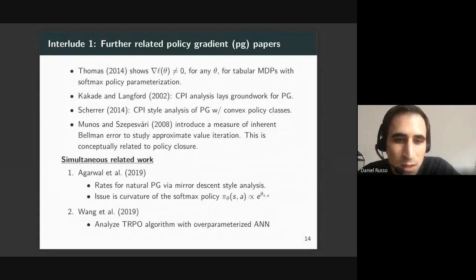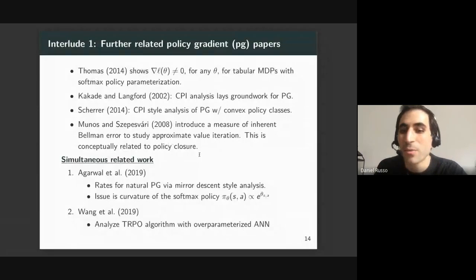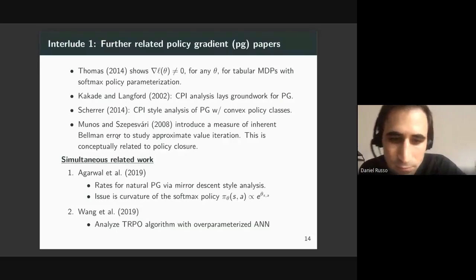Now, this closure condition in the policy class, and especially the notion of approximate closure, is a nice conceptual analog of something called inherent Bellman error, which comes up in the study of value iteration methods.